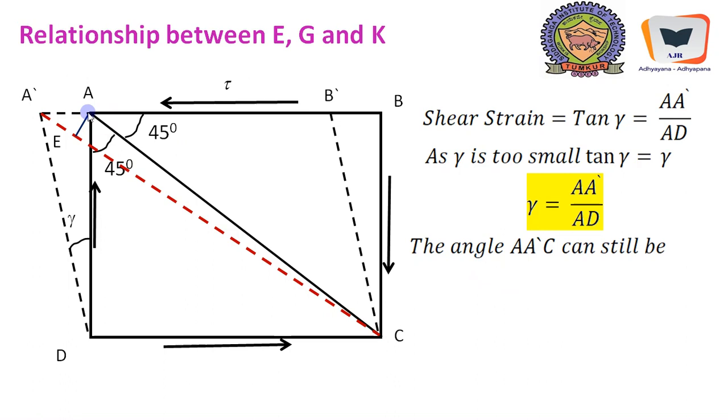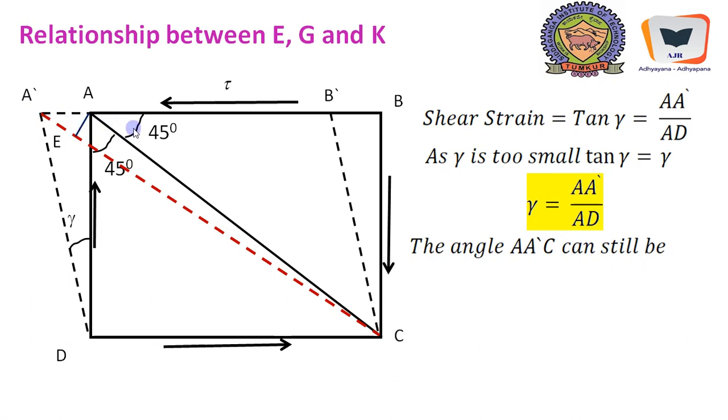Now the angle AA dash E can be regarded still to be 45 degrees because AA dash is very small. So we make this compelling assumption in order to ease our derivation.